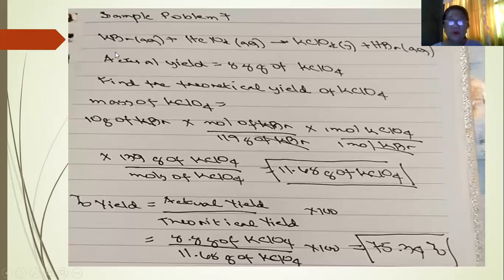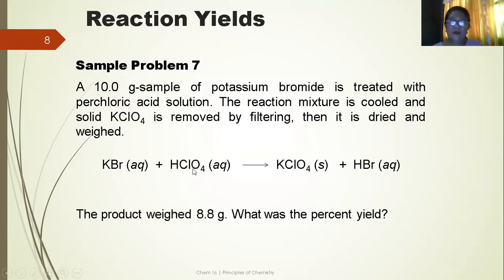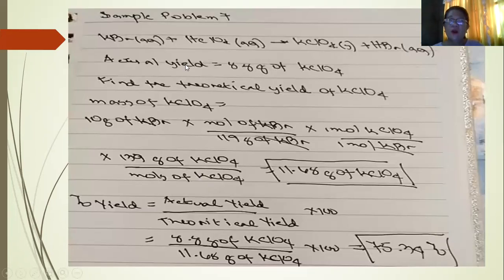That is potassium bromide, and here we have the perchloric acid to form potassium chlorate and hydrogen bromide. So the given in the problem, which is 8.8 grams, is now the actual yield. What is needed is we need to calculate the theoretical yield of potassium chlorate, with a given of 10 grams of potassium bromide.